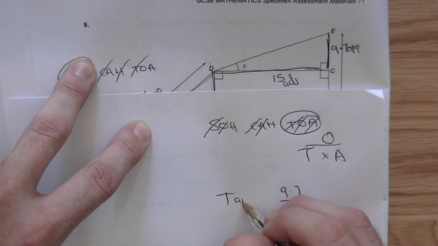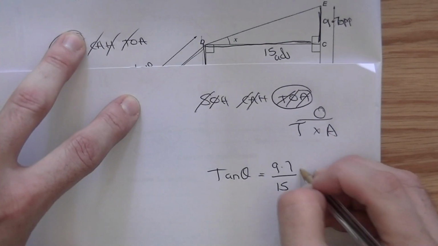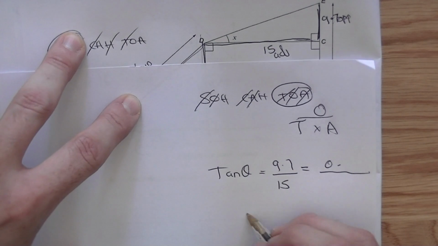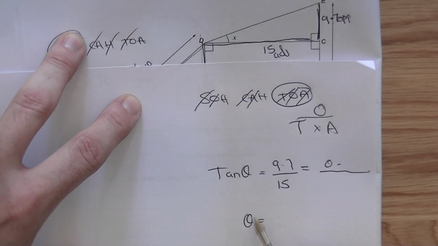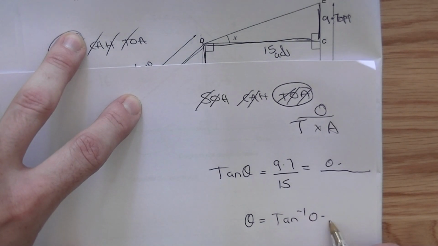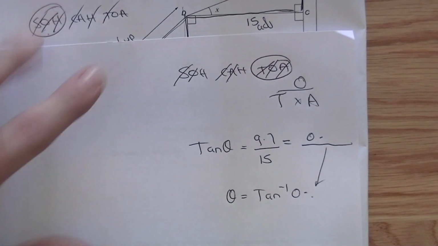Put that in your calculator, 0.something. But to find the answer, remember, you've got to take the tan over, so it'll be tan minus 1 of whatever that answer was.